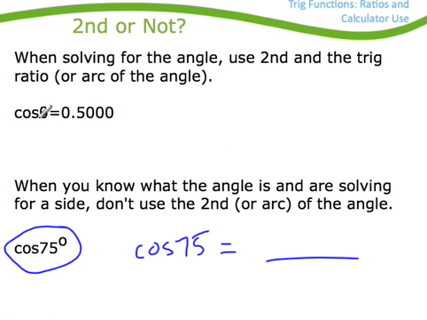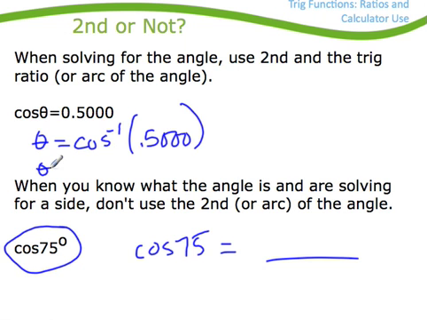If you have a question where you're trying to find the angle, you don't know the angle, like a question like this, cos theta is equal to 0.5, then I'm going to have to get rid of that cos. And remember, our trick for that was to find the arc cos of each side. And so if you do the arc cos of 0.5, I think that comes out to 60 degrees exactly.